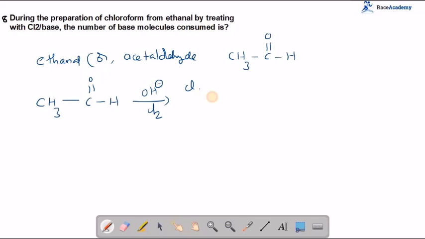So here one chlorine, here one chlorine, here one chlorine. This is called alpha halogenation, and there will be a carbon oxygen double bond and hydrogen as usual. So for this we have taken 3 moles of sodium hydroxide, whereas we have removed the chlorine here.